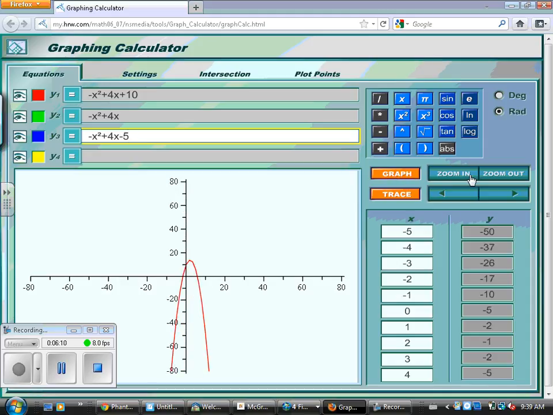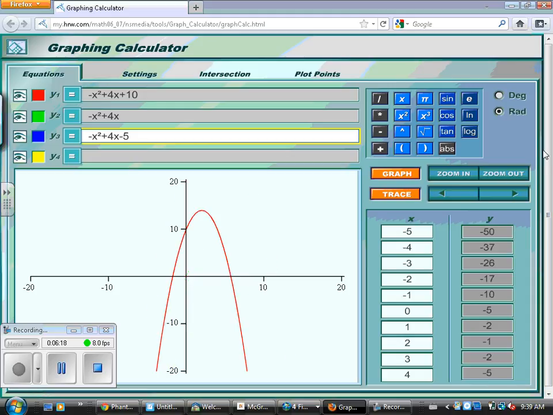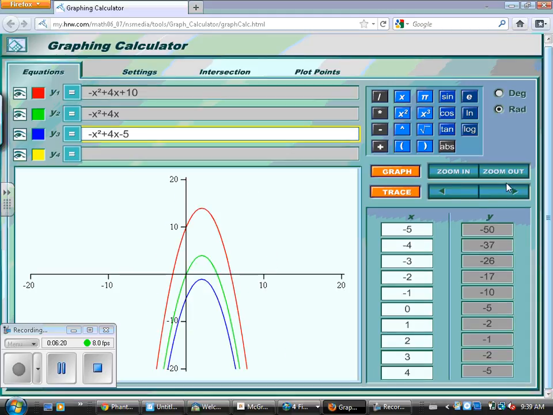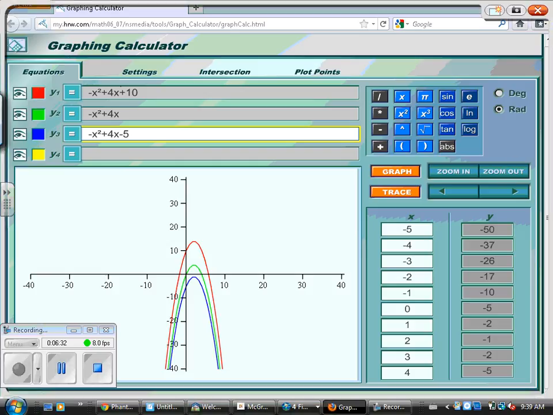What you should see, we'll zoom in so we can get a good look at it, is the same shape of graph, and all that happens is that you're moving it up or down. What it changes there is the y-intercept, which, as I mentioned, you get when you have an x value of 0. Those first two terms are the same.